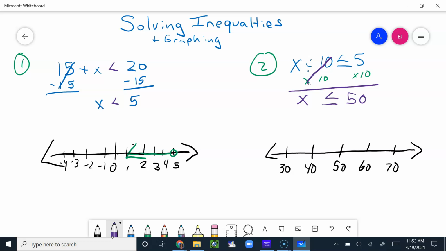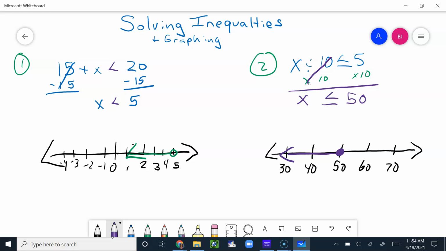Because it says less than or equal to, is it going to be an open circle or a closed circle? It would be a closed circle, and it would be to the left. So that means it could include 50. It can't be 50.1 or 50.2, and it also cannot be 51. It can go all the way to 50 and then it has to stop.